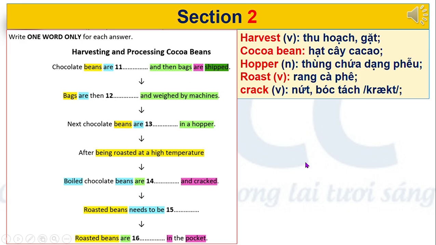between a host and a professor called Alison Downing about cocoa beans. First, you have some time to look at questions 11 to 16.